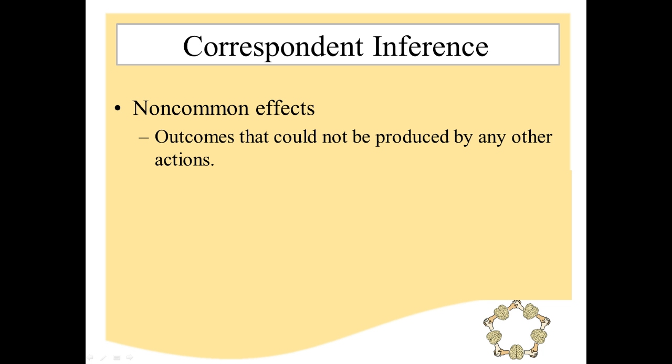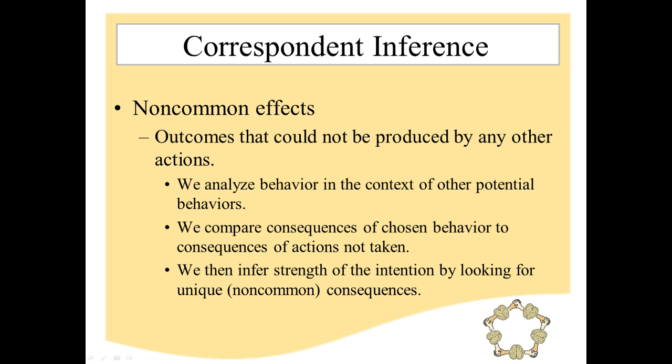So to break this down in a little bit more detail, when we are trying to understand and explain someone else's behaviour, we analyse that behaviour in the context of other potential behaviours. So how else could the boss have acted instead of being rude and bossy to their employee? We then compare the consequences of the chosen behaviour to the consequences of the actions not taken.